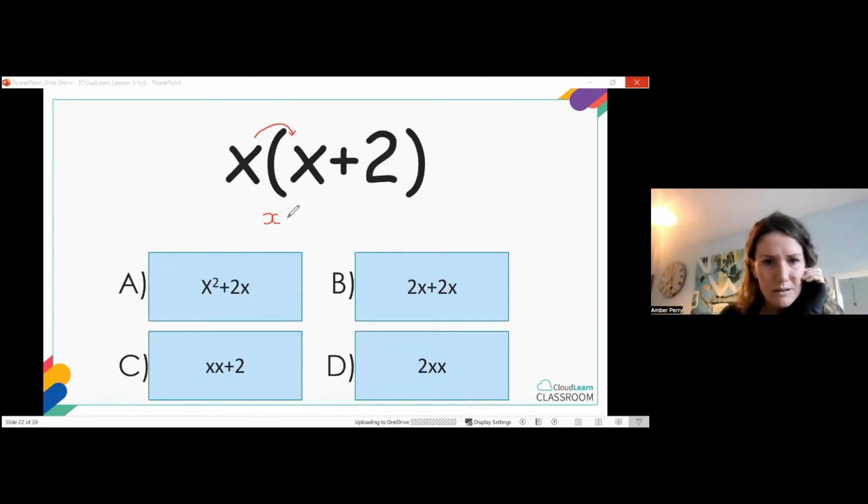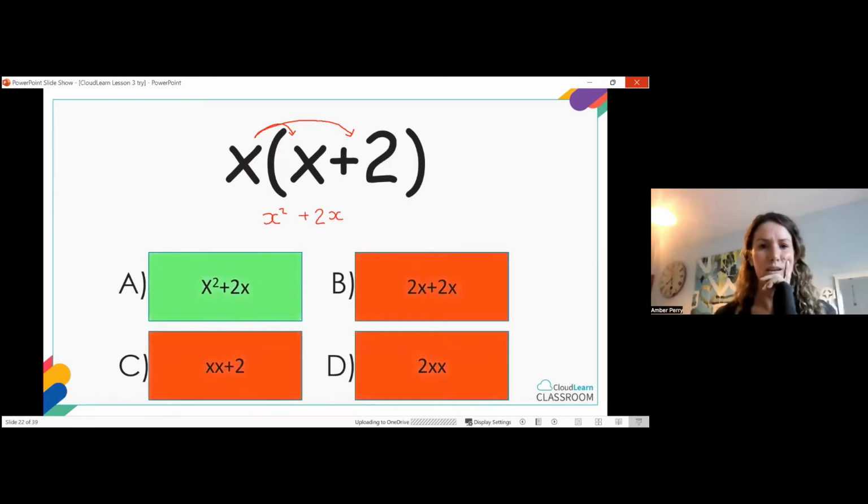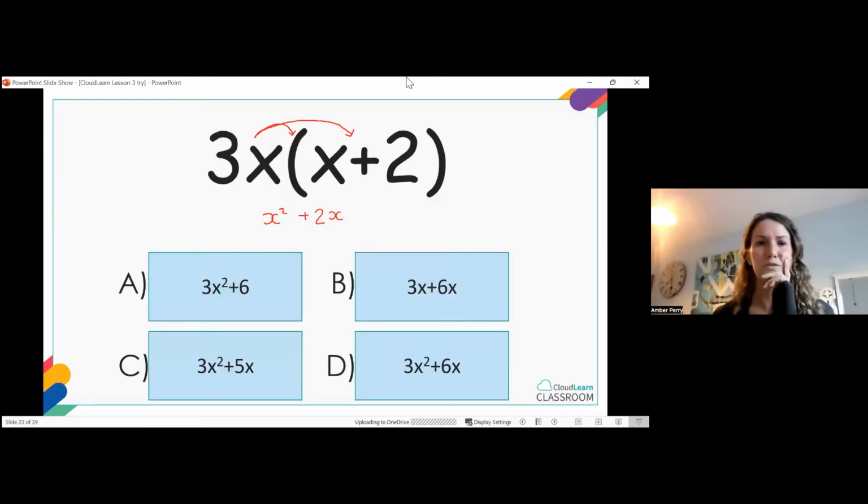So timesing x by itself is x squared, and then x times 2 is your 2x there, plus 2x, okay? So that answer was B there. So well done to everyone that got that right. Okay. Oh, we've got one more, so you've got another chance at doing a similar one to that.